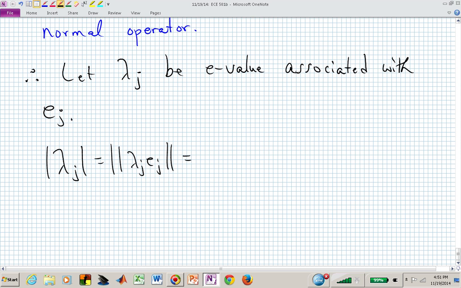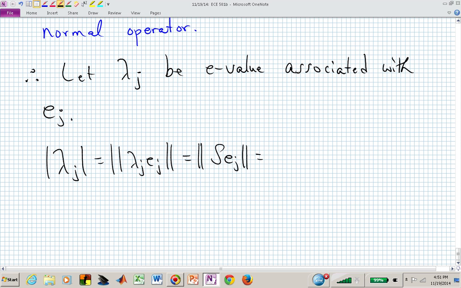But lambda sub j e sub j, we just said that e sub j was an eigenvector for the operator S, so this is now S e sub j. But if we're assuming that S is an isometry, what do we know about S v, where v is now e sub j?